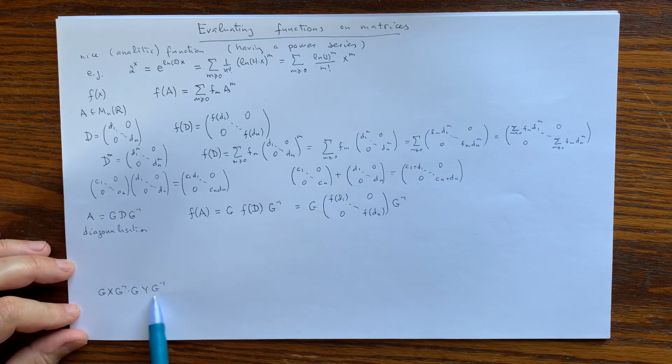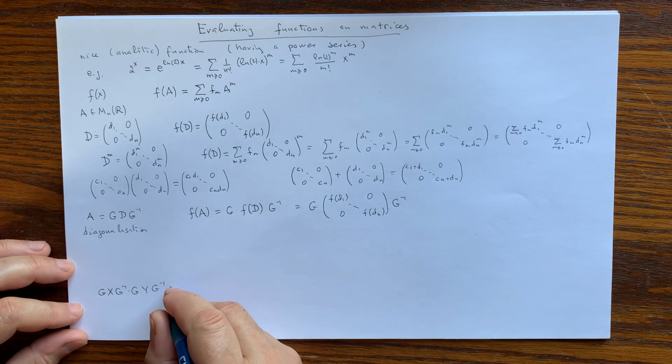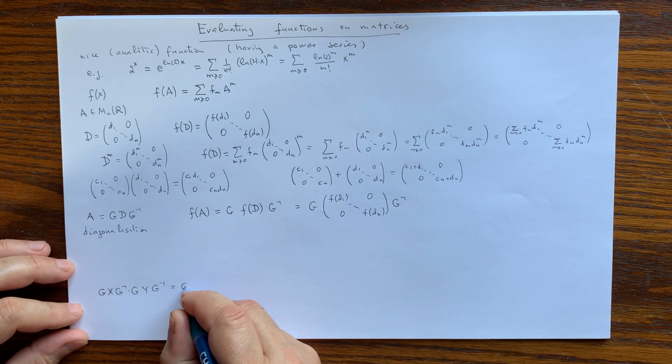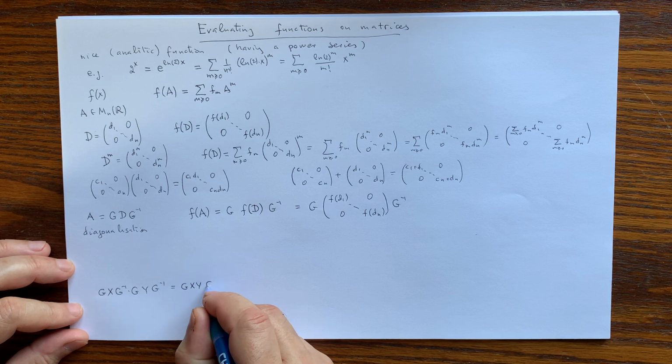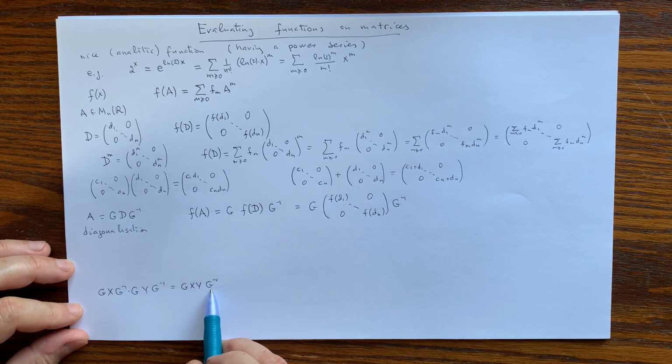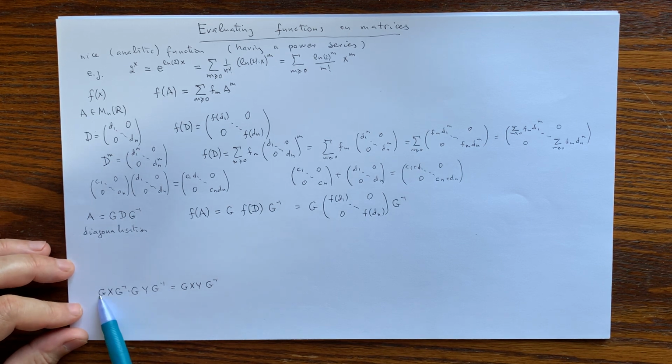And looking at what we have, G inverse and G sitting next to each other, so they can cancel each other, we can get rid of them, and the result will be the conjugate with G of the product of X and Y. In other words, conjugation with G, thinking of the middle term as a variable, is multiplicative.